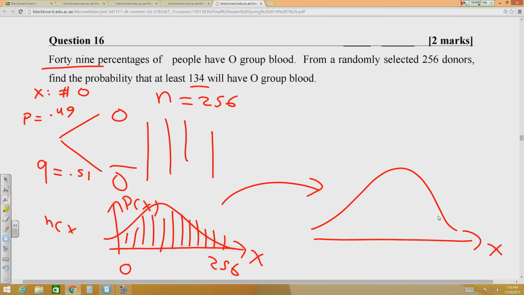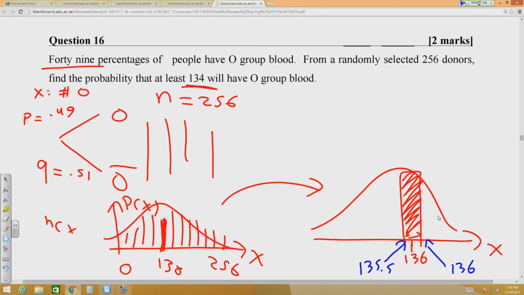So if you want the probability, that would be 136. It's actually going to be one value in the discrete, but it's going to be an area in the continuous. This area is centered around 136 using the boundaries. So the width is just 1, which means it's starting from 135.5 to 136.5.